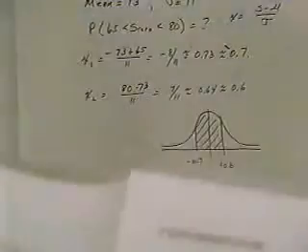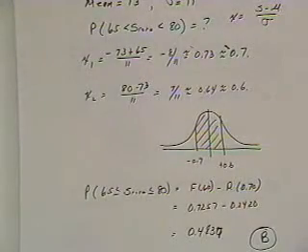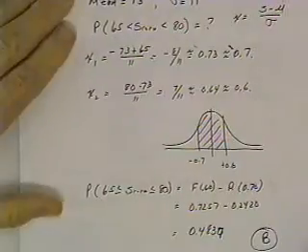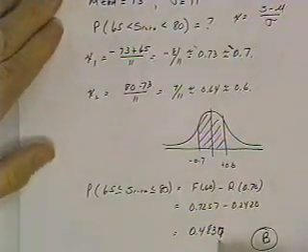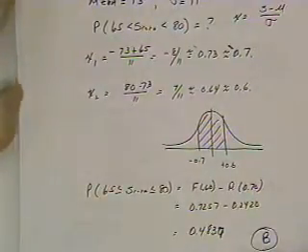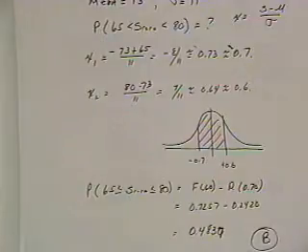So when I subtract those two things, I come up with the value exactly as quoted in the answer, the 0.4837, and that happens to be answer B. So it wasn't nearly as bad to work. Most of the normal distribution problems you'll encounter that I have ever seen in these exams are relatively straightforward. They're not too bad.